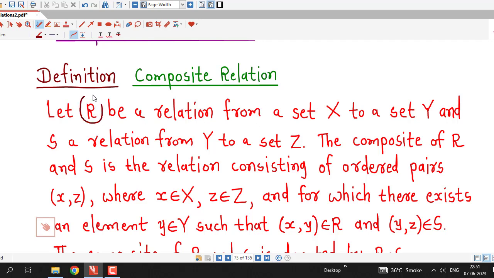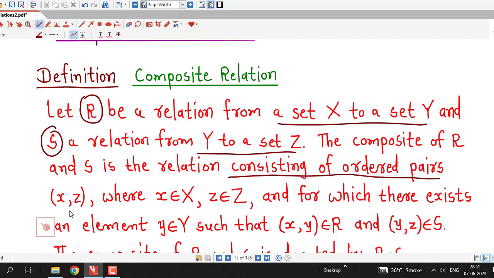Let capital R be a relation from a set X to a set Y and S a relation from Y to a set Z. The composite of R and S is the relation consisting of ordered pairs (X, Z). In composition of R and S, we will have this type of ordered pairs (X, Z) satisfying a certain condition.